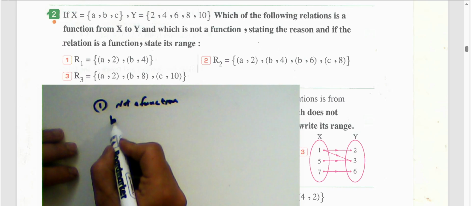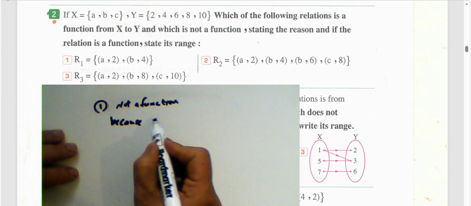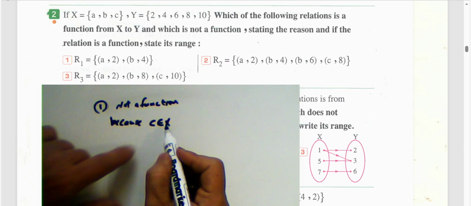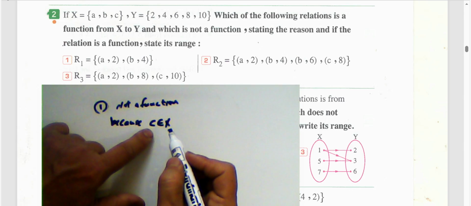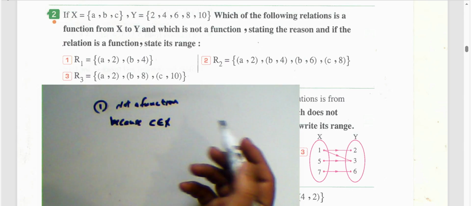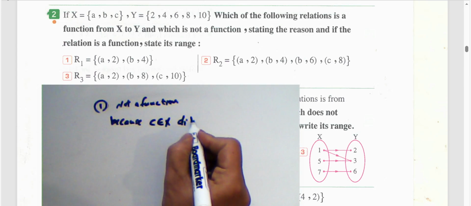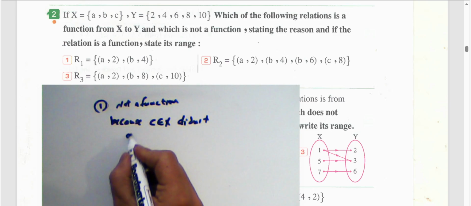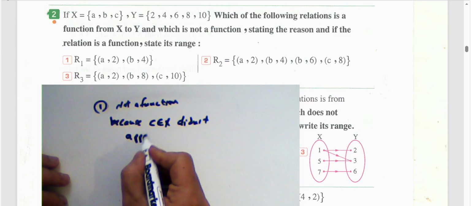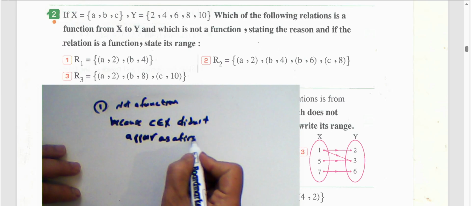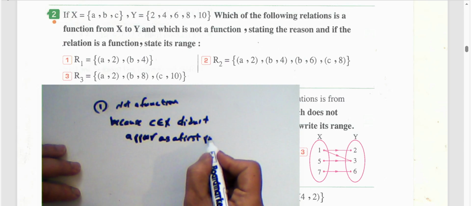Why? Because the element C belonging to X didn't appear as a first projection.